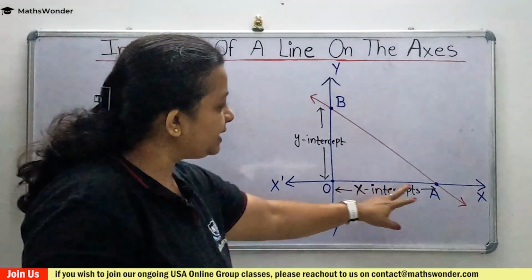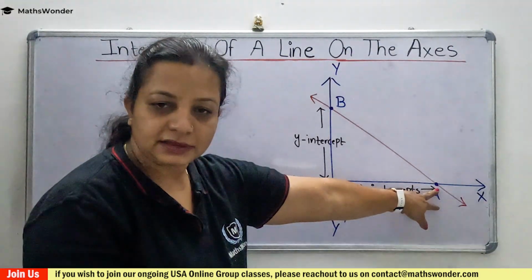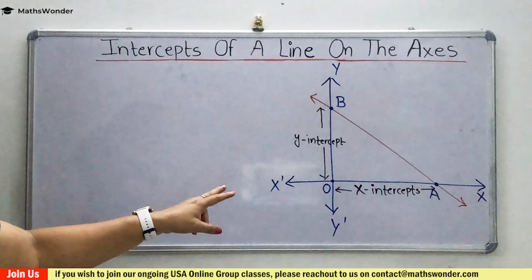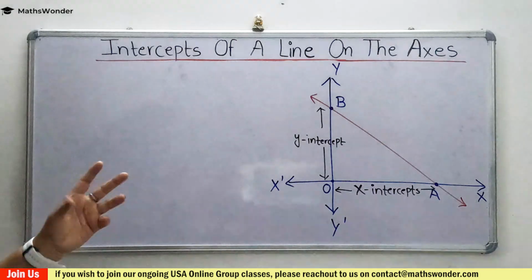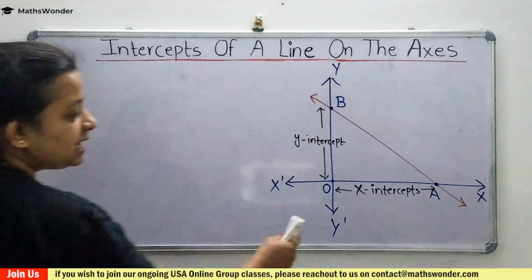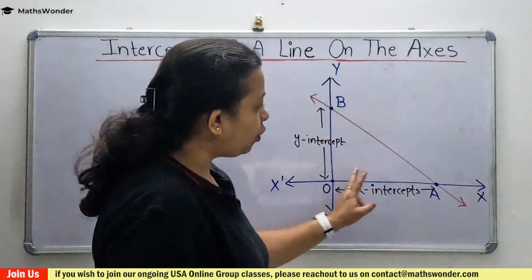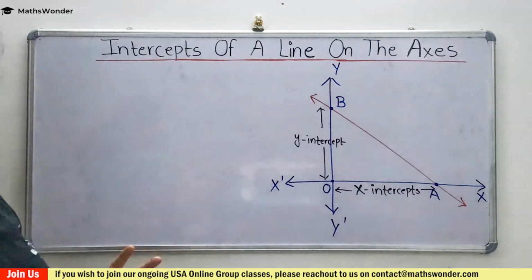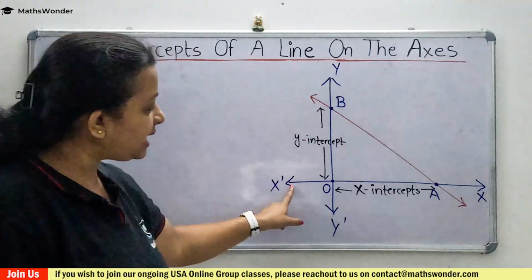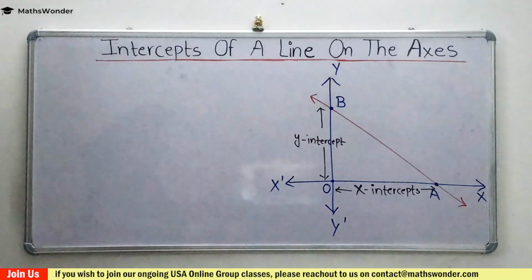So OA is positive or negative according as A lies on OX or OX dash respectively.